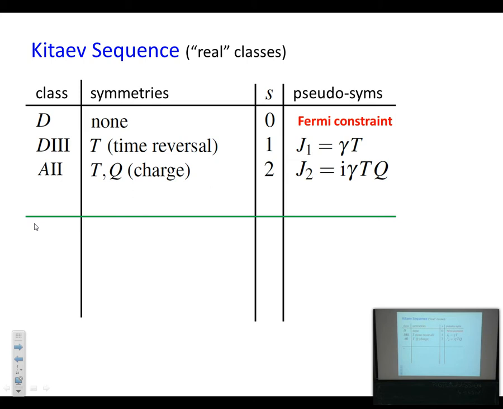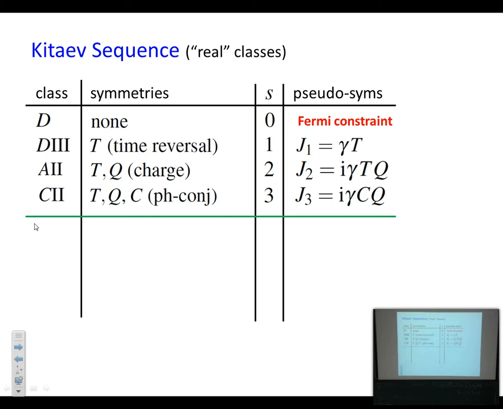And J2 also, this was forced by putting in the right factors, squares to -1. And the fact that Q is a symmetry, by a similar calculation as the one shown before, translates into the fact that J2 is a pseudosymmetry. And this keeps on, and one can continue this.